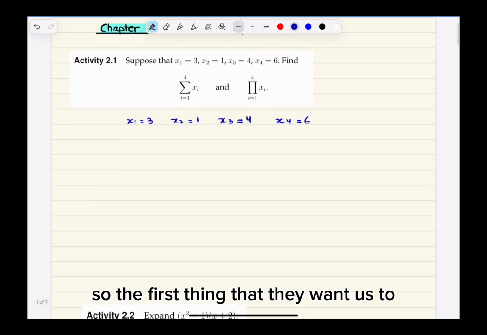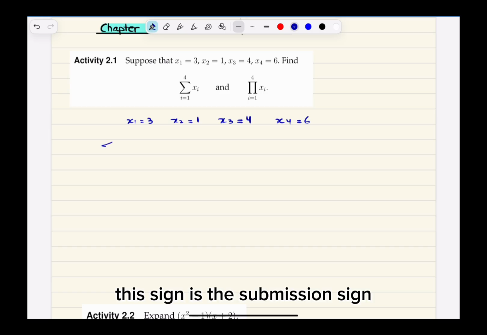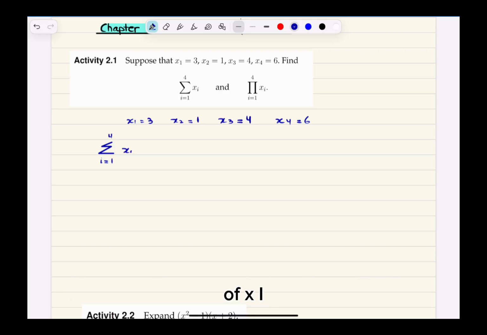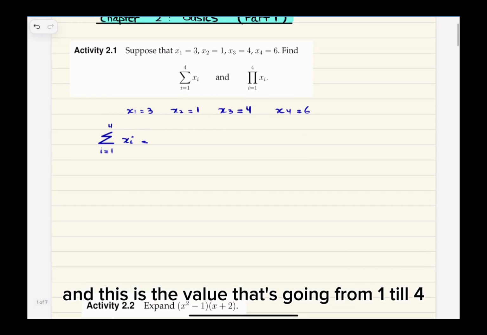So the first thing that they want us to calculate is the summation. This sign is the summation sign, and it says they want the sum of values from 1 till 4 of xi. So i is in the subscript, and this is the value that's going from 1 till 4.